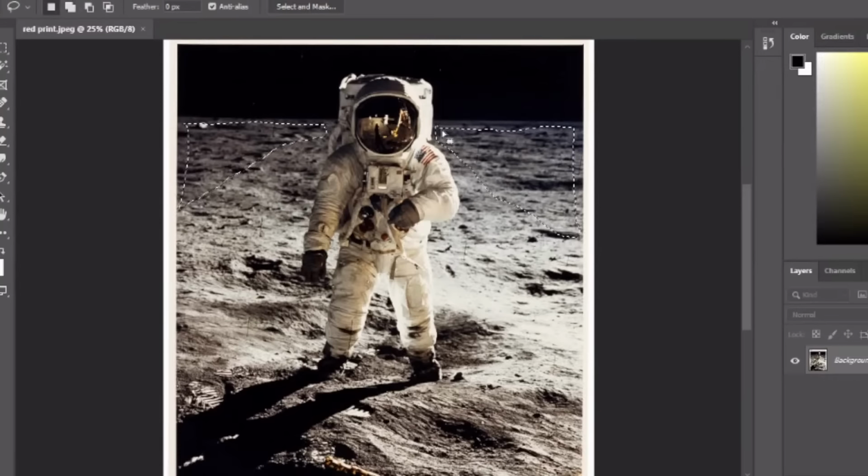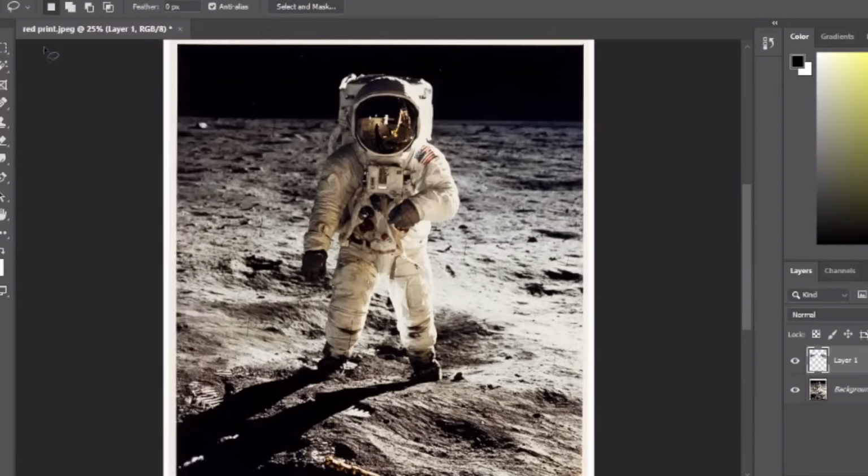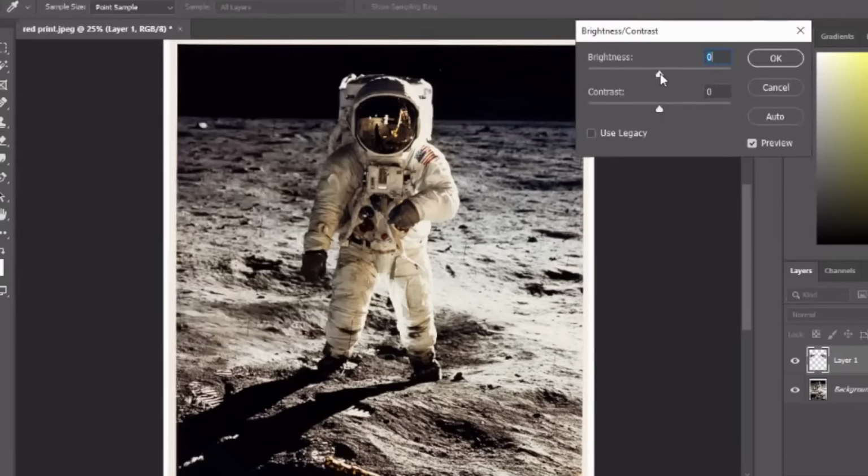So now don't forget, you have to just copy paste that so it comes out as a separate layer, and then once you've done that, you can then adjust your image levels, brightness, contrast. Okay, ready? Here we go. 1, 2, 3. Oh, it didn't work. Oh, it did work. Okay, so wow, ta-da! The moon landings were real.